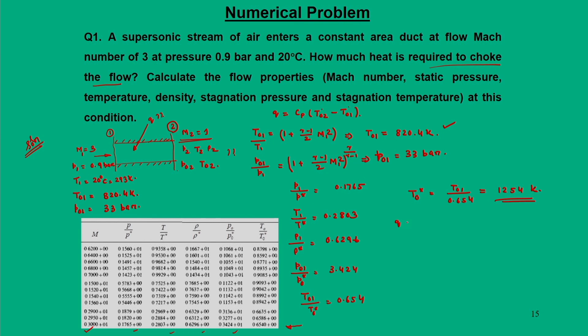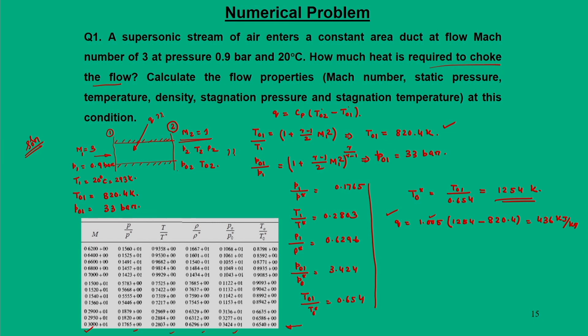So, we can say Q is equal to Cp, that is 1.005, times T naught 2, 1254 minus 820.4. So, this number will be about 436 kilojoule per kg, because Cp is 1.005 kilojoule per kg. Thus we are able to find out how much heat is required.